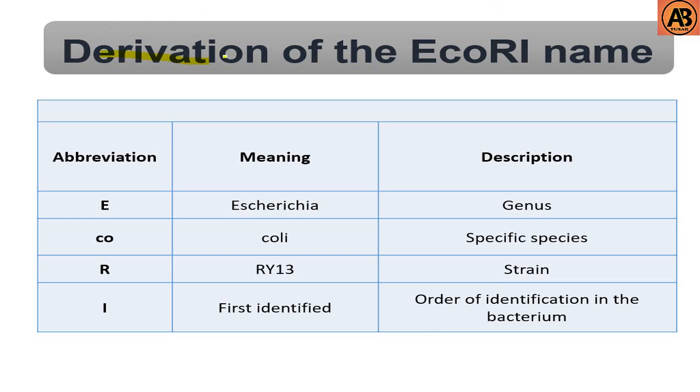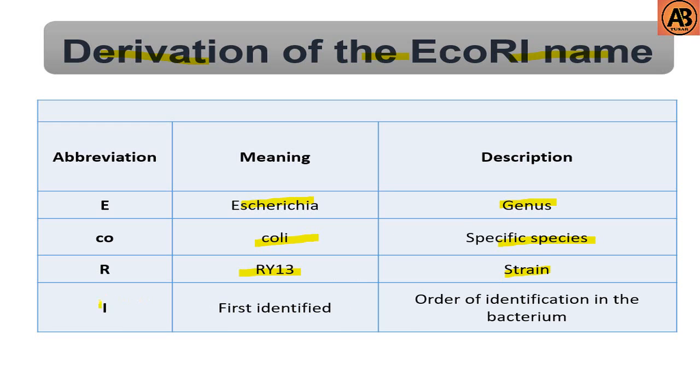Then, derivation of the EcoRI name. What is the meaning of EcoRI? E means Escherichia, which is the genus. Then co means coli, which is the specific species, and R means RY13, which is known as the strain.